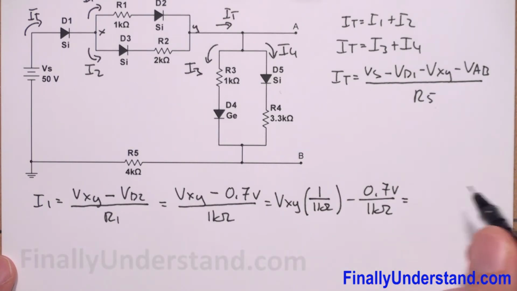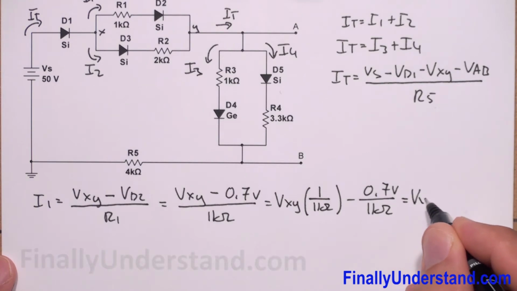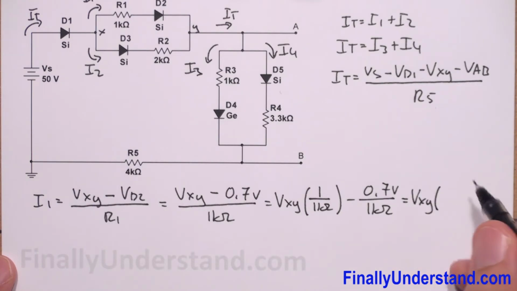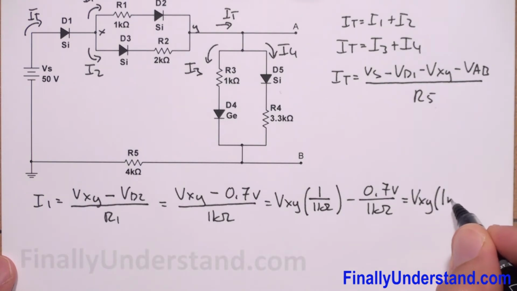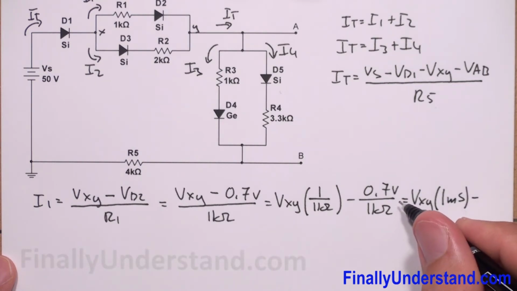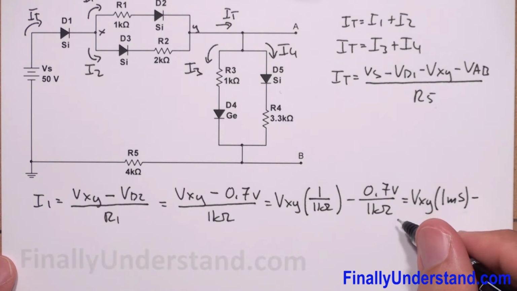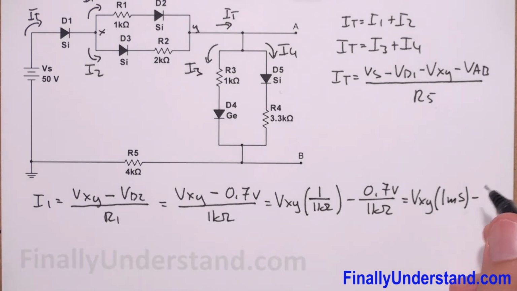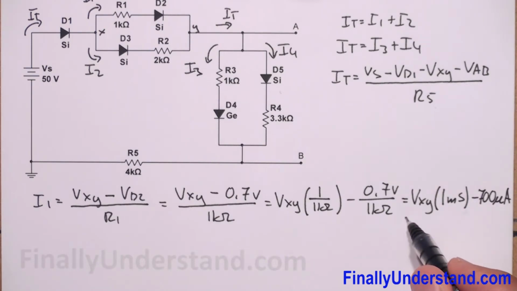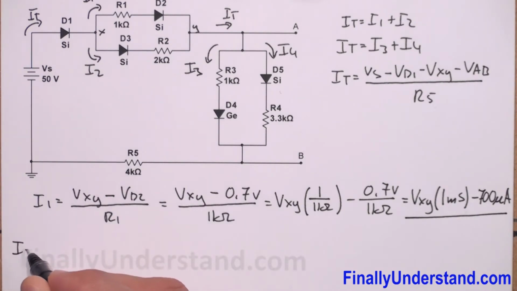So this is equal to VXY times 1 millisiemens minus 0.7 volts over 1 kilo ohm, which is equal to 700 microamps. So I have minus 700 microamps. Okay, so this is my I1.